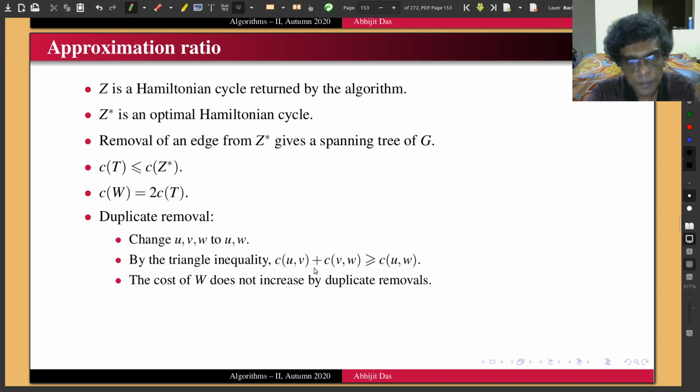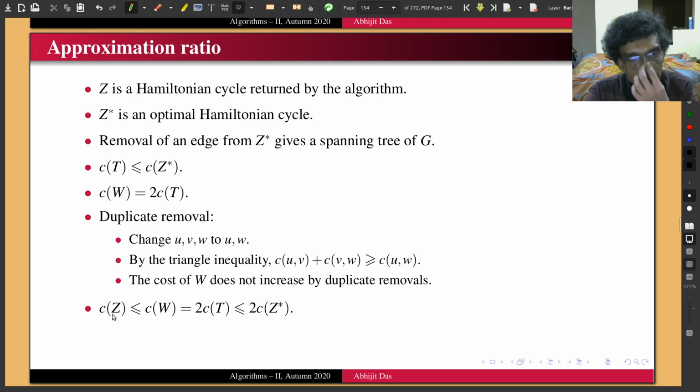This happens because of the triangle inequality. Then, the final tour that I consider, Z, its cost is less than or equal to the cost of W, which is equal to 2 times the cost of the minimum spanning tree, and this is less than 2 times cost of Z star.